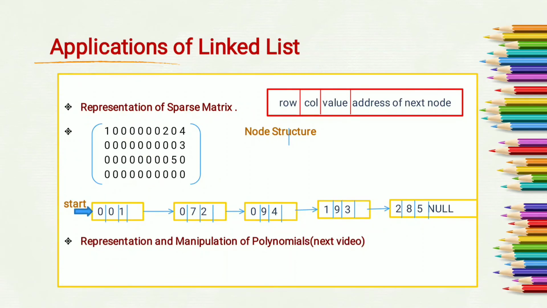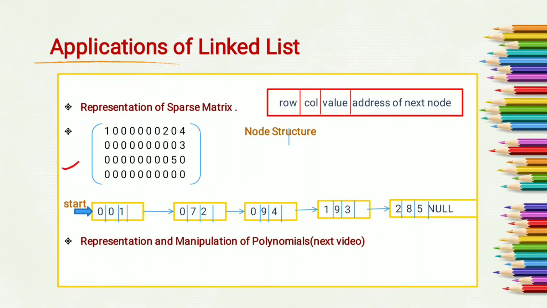Here in the linked list every node has 4 fields. The first field is row, which stores the row number, the second is the column field, which stores the column number, the third is the value field, which stores the non-zero value of the sparse matrix at that row and column, and the next field is the address of the next node.